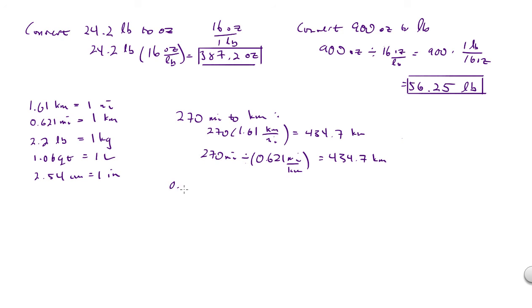So for example, 0.621 miles per 1 kilometer, or the reverse. It doesn't have to be a unit rate, 1 kilometer per 0.621 miles. You can use either one of these rates depending on what you're converting from and what you're converting to. So this will come from a basic observation about how we use rates.